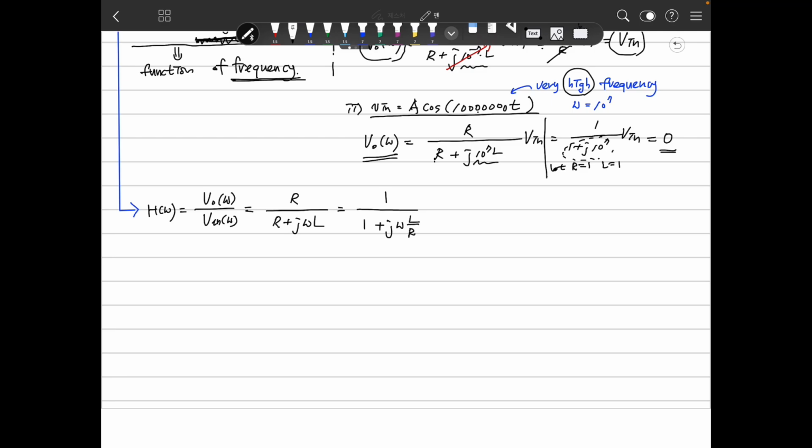In this manner, you can change it to 1 plus j omega L divided by R. So this can be rewritten as 1 plus j omega over omega 0, where omega 0 is R over L, and we define this H0. H0 is 1.